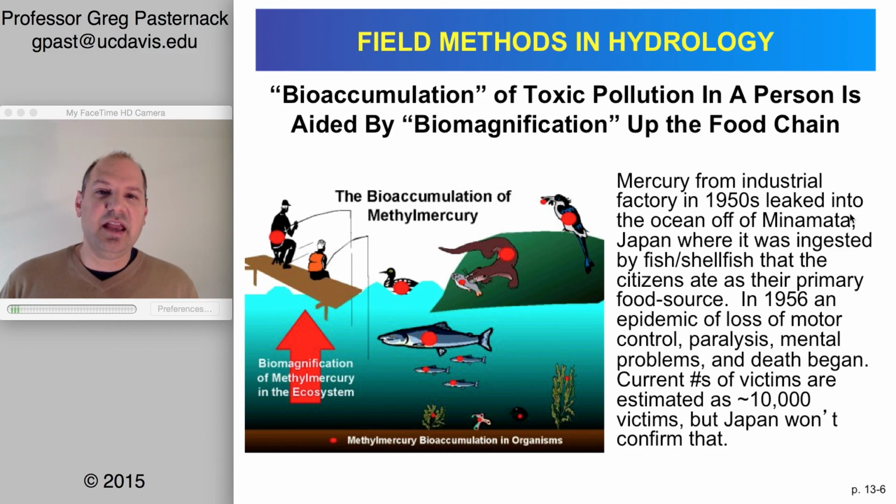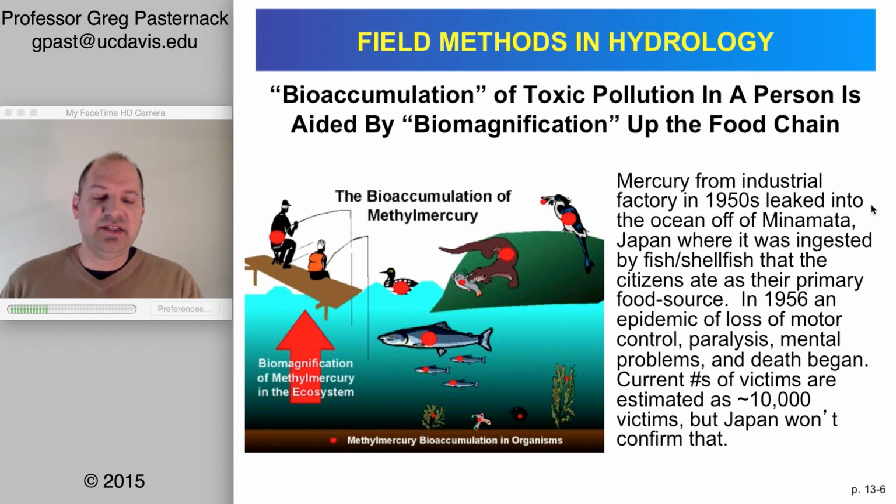And the classic example of a human-caused disaster for this is the mercury that was consumed by the people of Minamata, Japan in the 1950s. This was an industrial source of mercury that was first ingested by fish and shellfish, which were then in turn consumed by the citizens who ate that as their primary food source.